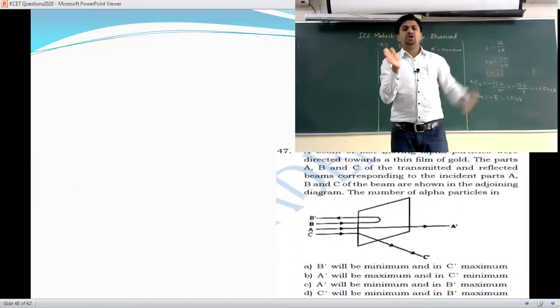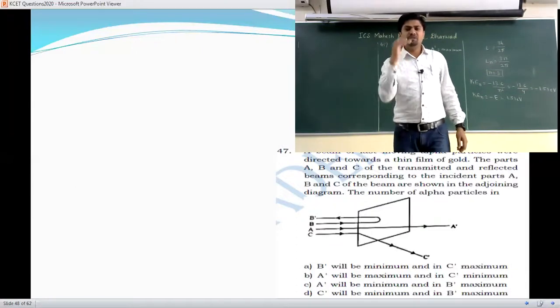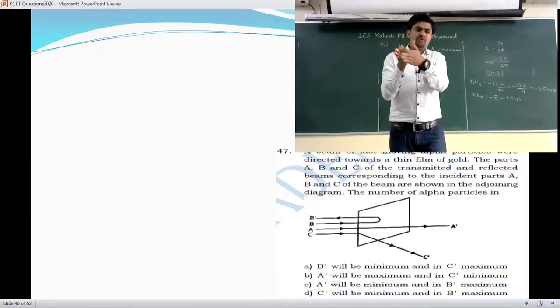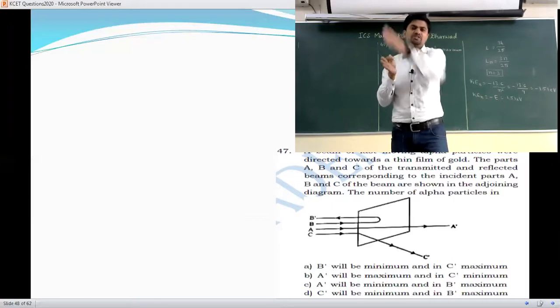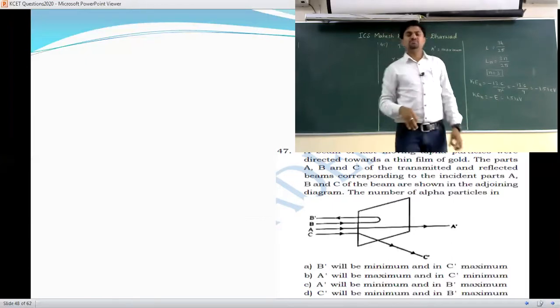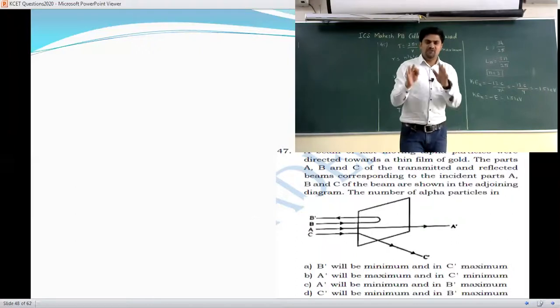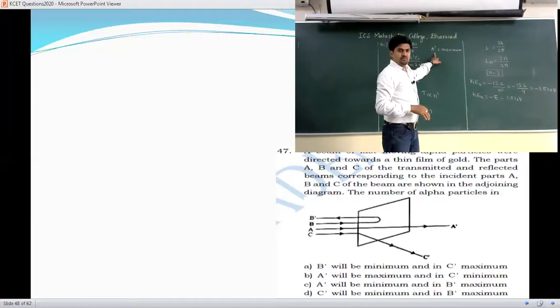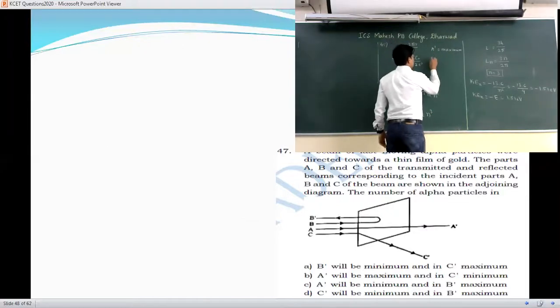So at B dash we are getting minimum alpha particles. And C to C dash, it is diverting and going somewhere, so it has got some minimum alpha particles. So my final answer here is A dash will get the maximum alpha particles and B dash will get minimum.